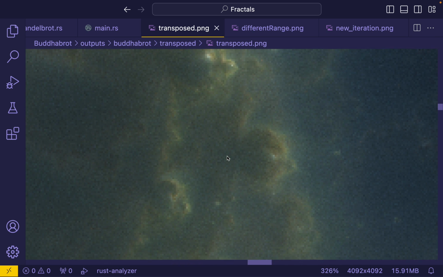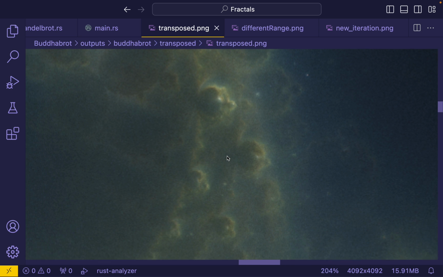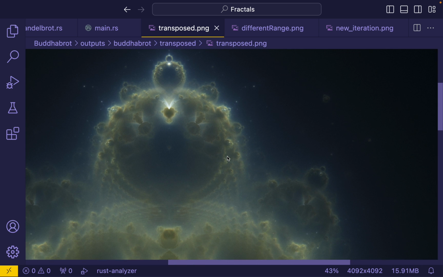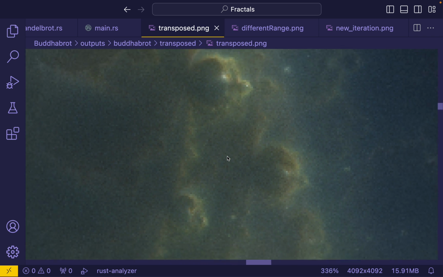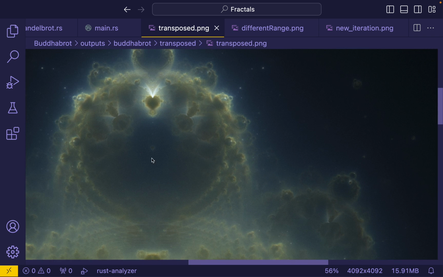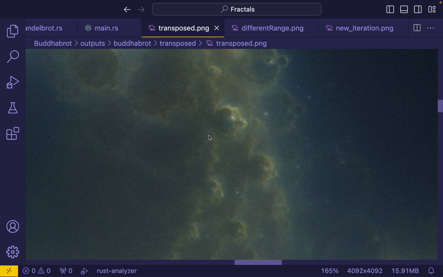And of course, the resolution is relatively high. It's 4,000 by 4,000, and to make this look less noisy, I'm going to need even more sample points, not iterations.